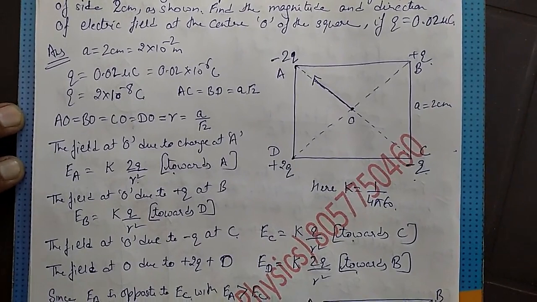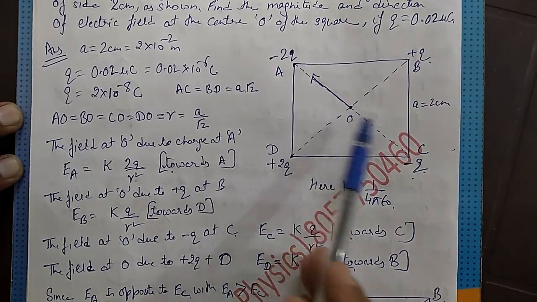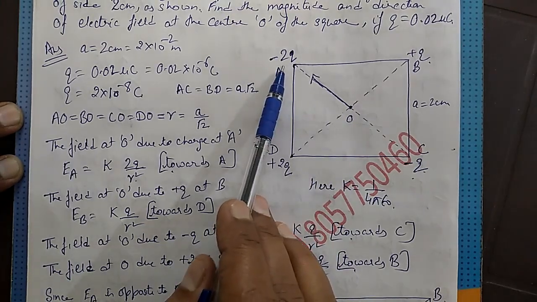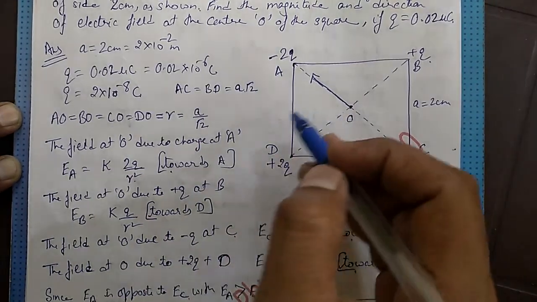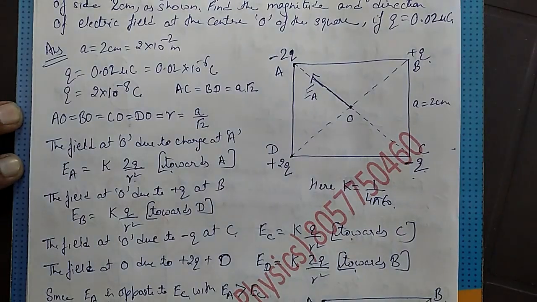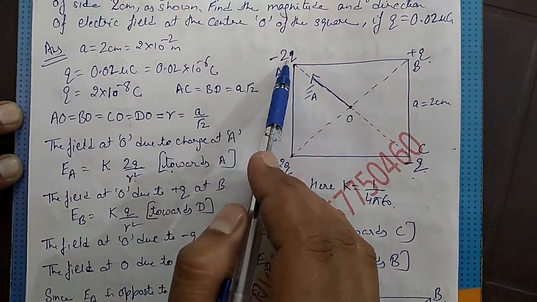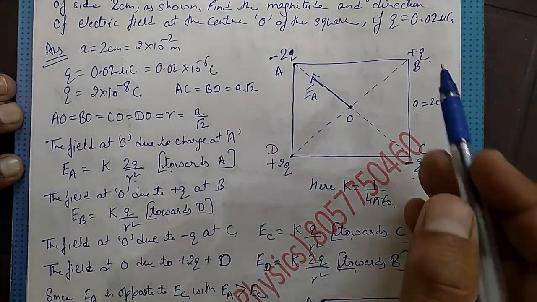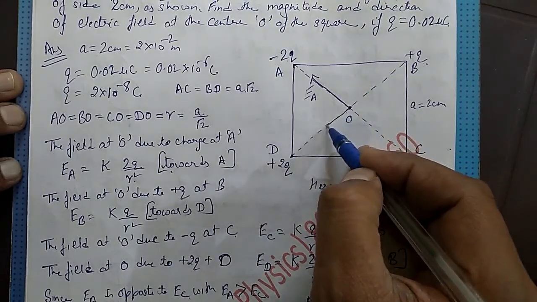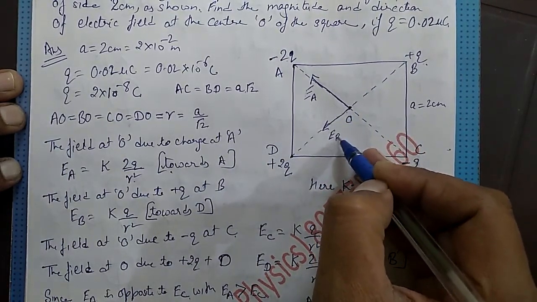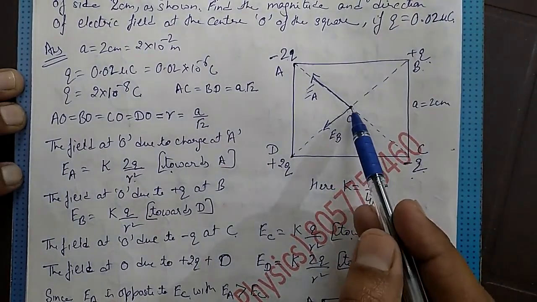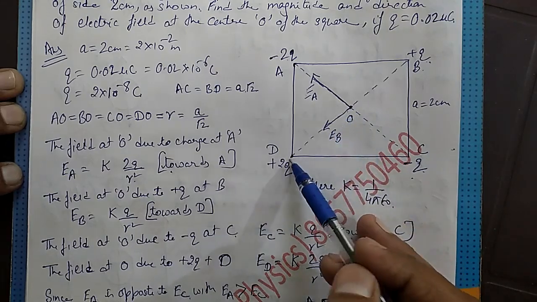Now here, to get field at O, we imagine a unit positive test charge. This negative charge will attract the test charge towards itself, and we draw an arrow, and this is the field due to -2q, and it is acting towards A. Similarly, this +q will repel the test charge towards D. So this will be the field at O due to charge +q at B. And why is it directed towards D?